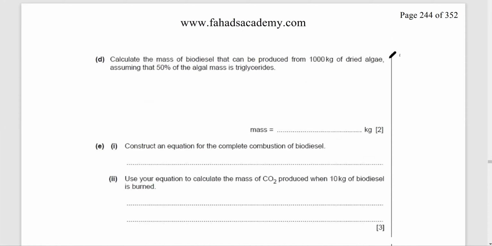So if you produce biodiesel from dried algae, that's a renewable resource. Plus it does not increase net carbon footprint क्योंकि algae जो है वो obviously it's going to convert carbon dioxide to oxygen, but it's a green substance. Its photosynthesis would happen over here, so it does not increase carbon footprint.